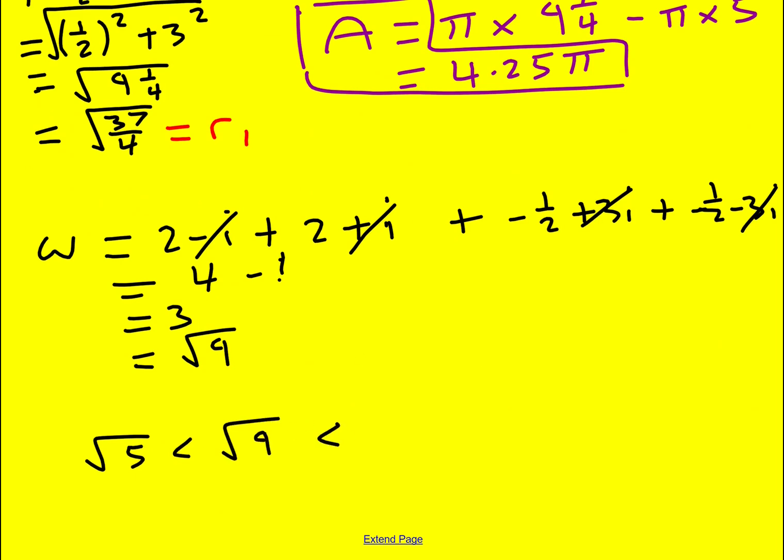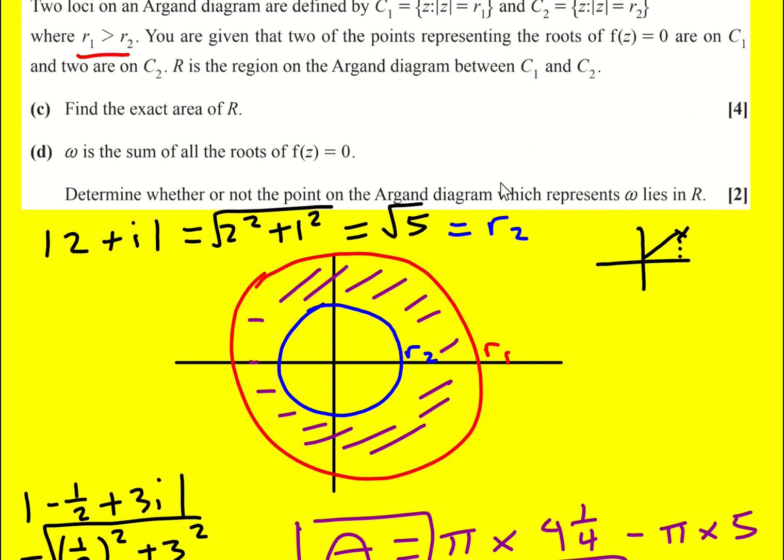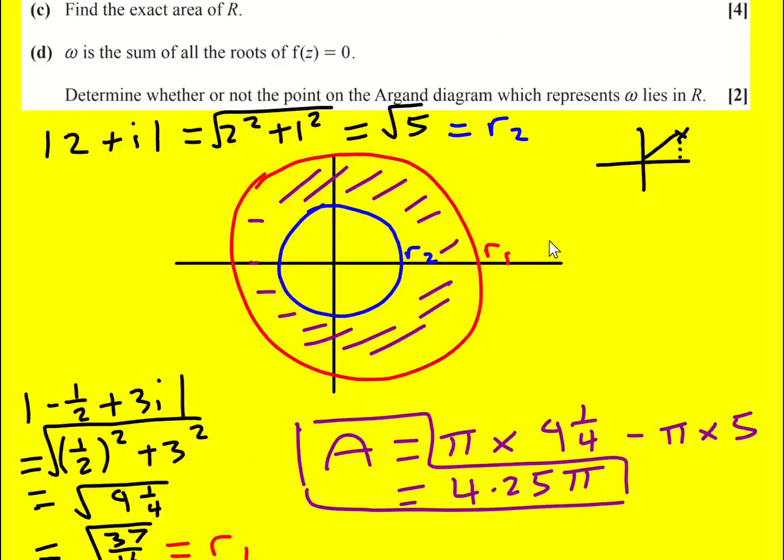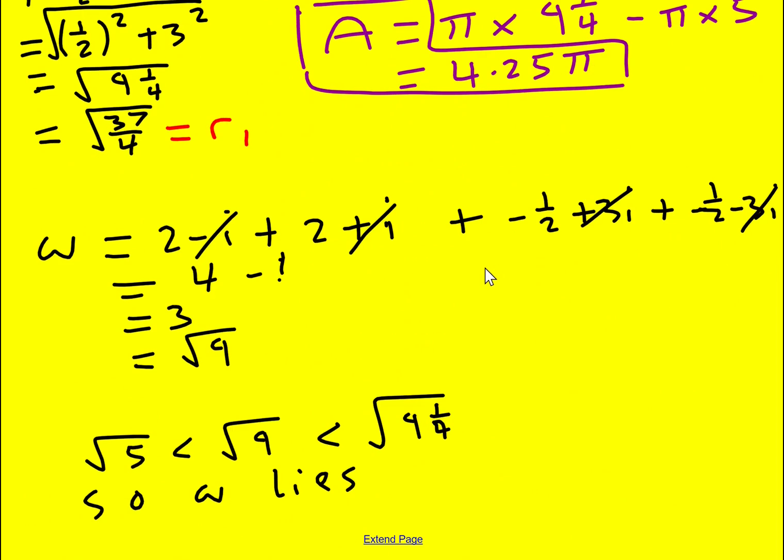However, it's going to be less than root 9 1/4. So omega lies, what did it say exactly? Lies in R. Brilliant.